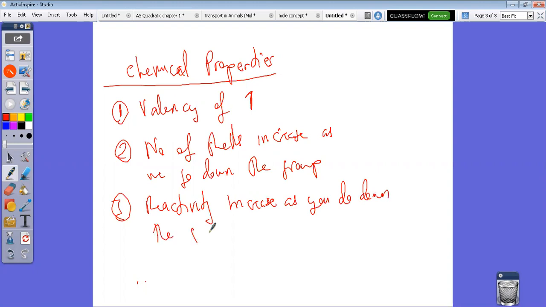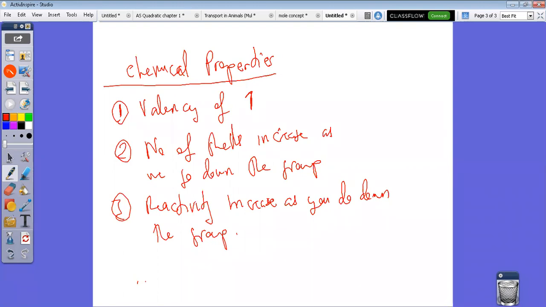The reactivity, we need to explain it just now. Reactivity increases as we go down the what? The group. What's the reason why it increases?